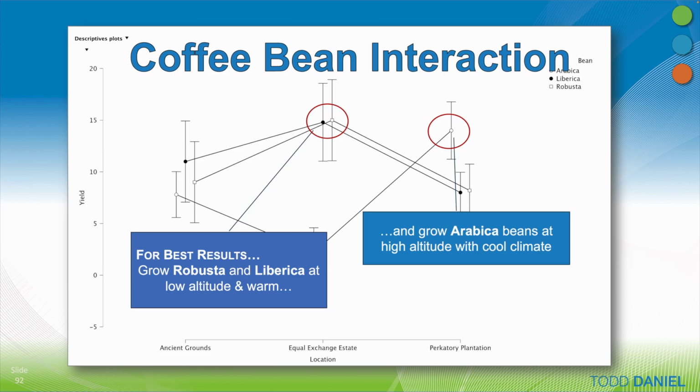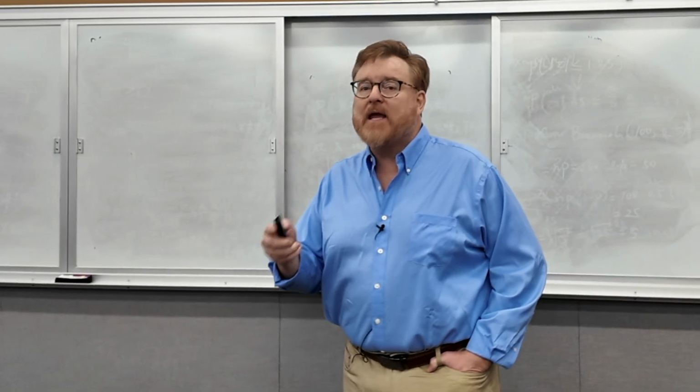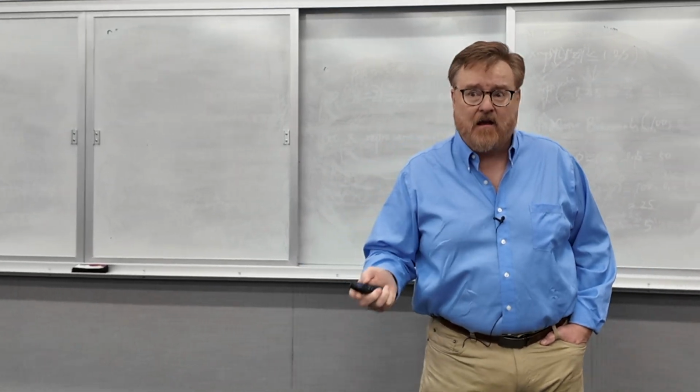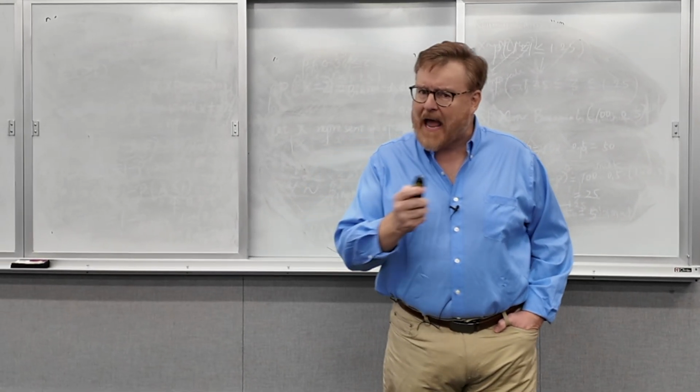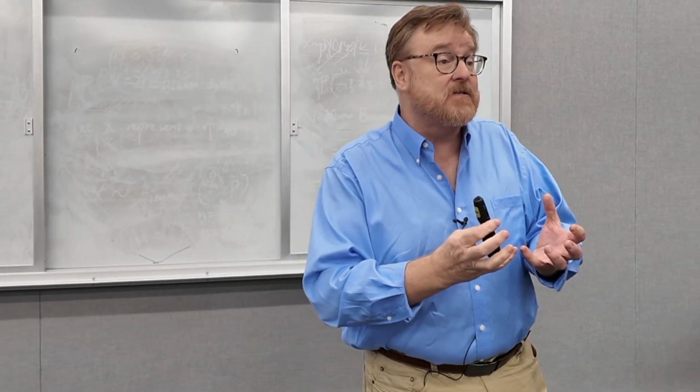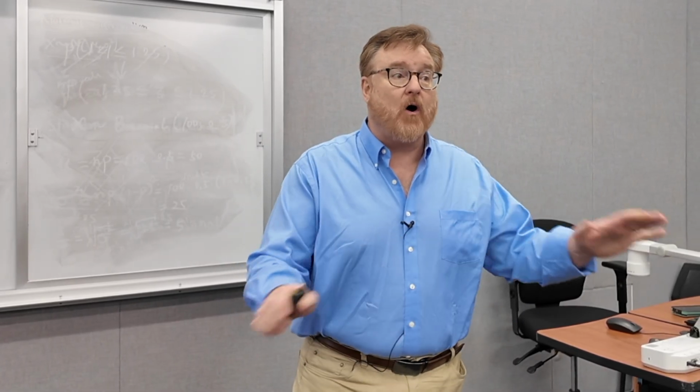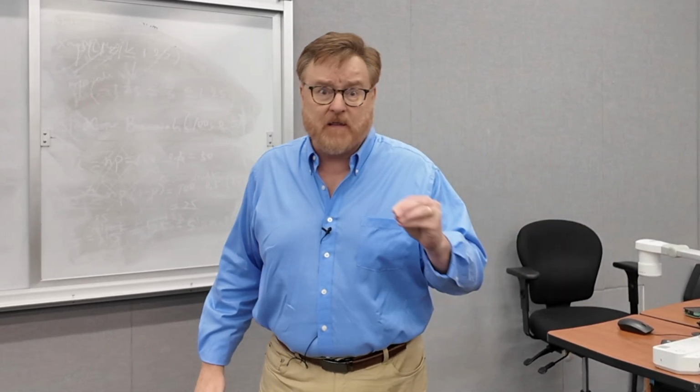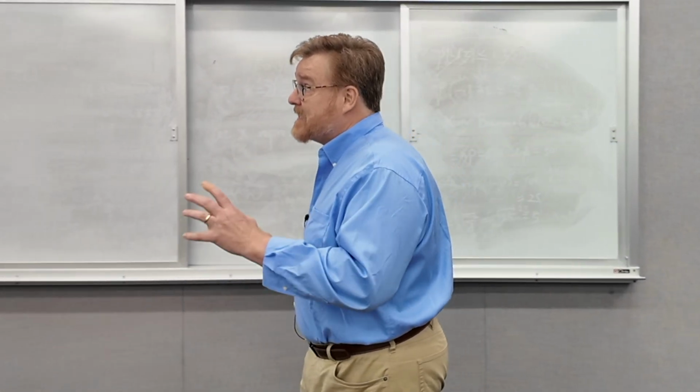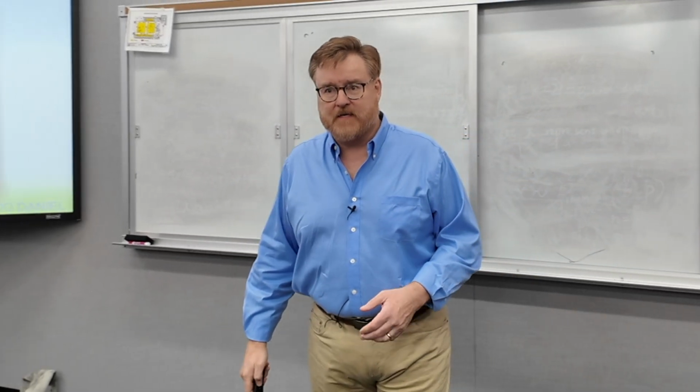That's where we'll get the best outcome and yield from the Arabica beans. So now we know something that we couldn't see from just main effects. The interaction shows us the complexity of this, and that gives us ability to make much better decisions. Now we're going to get the best yields from all types of beans because we're going to grow them in the proper location and we're going to get the outcome that we're really interested in.